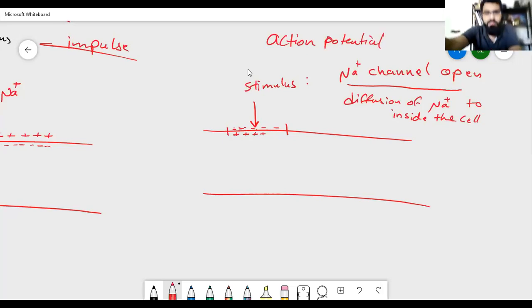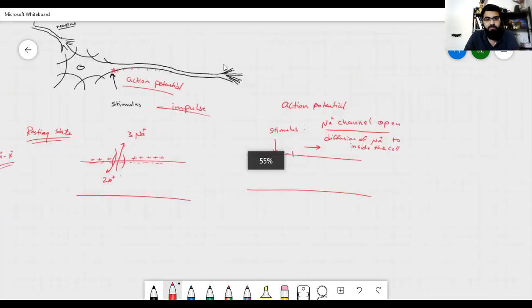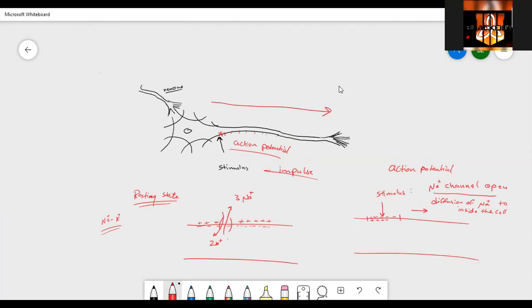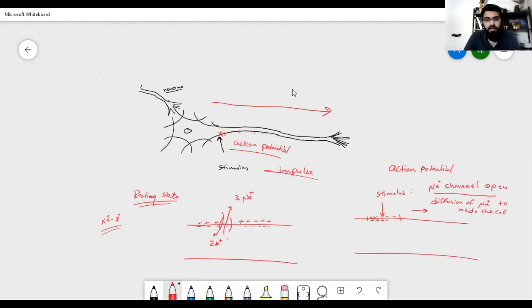And we say this message moves forward, from where to where, as we said before? It's from the cell body direction toward the terminals.